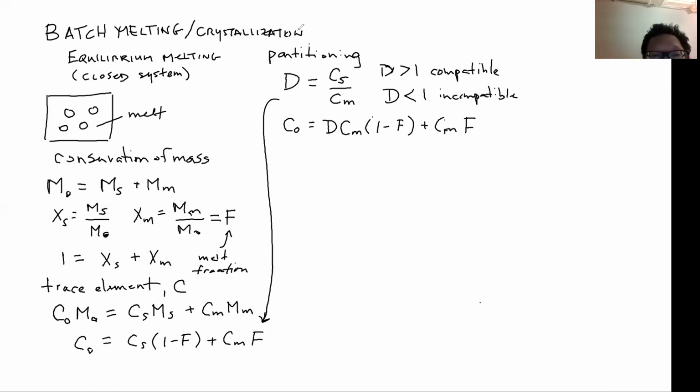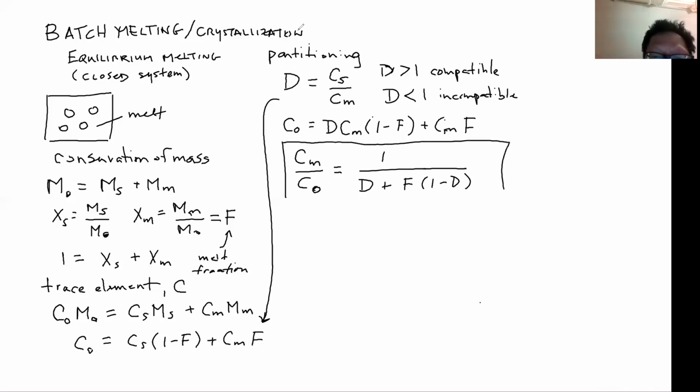And we can rearrange all of this to get an equation that expresses how the composition of the melt evolves relative to the bulk concentration of that element as a function of degree of crystallization or melting. That would be this, 1 over D plus F times (1 minus D), right here. And this is the batch melting equation, equilibrium crystallization or equilibrium melting.